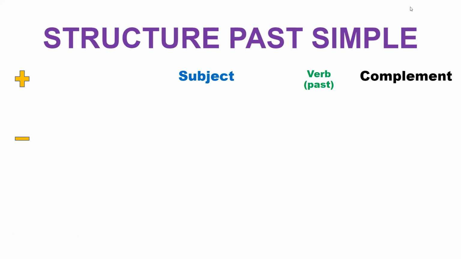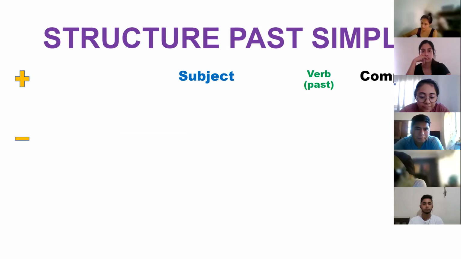When we want to write a sentence in the simple past in the negative form, what can we say? How can we form this sentence? Okay, first, at the beginning of the sentence, we need the subject.